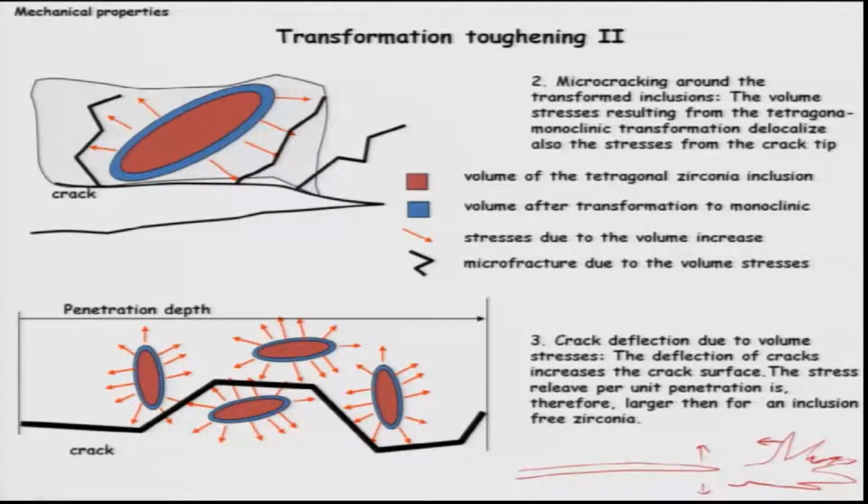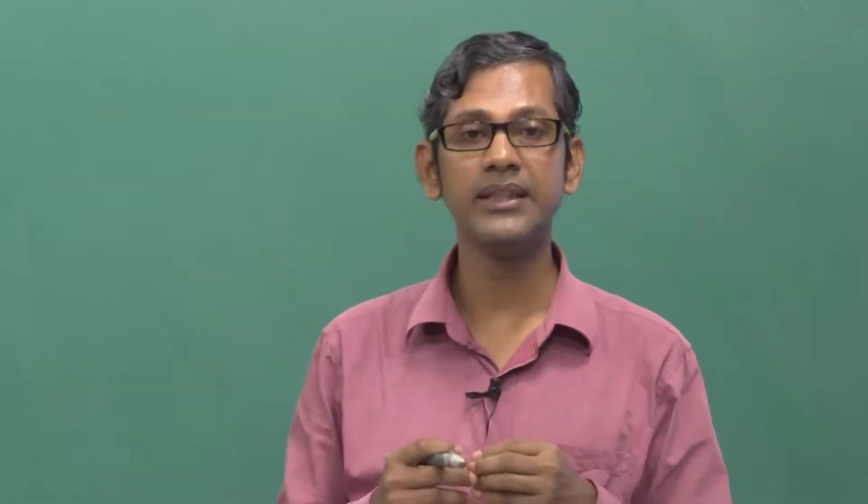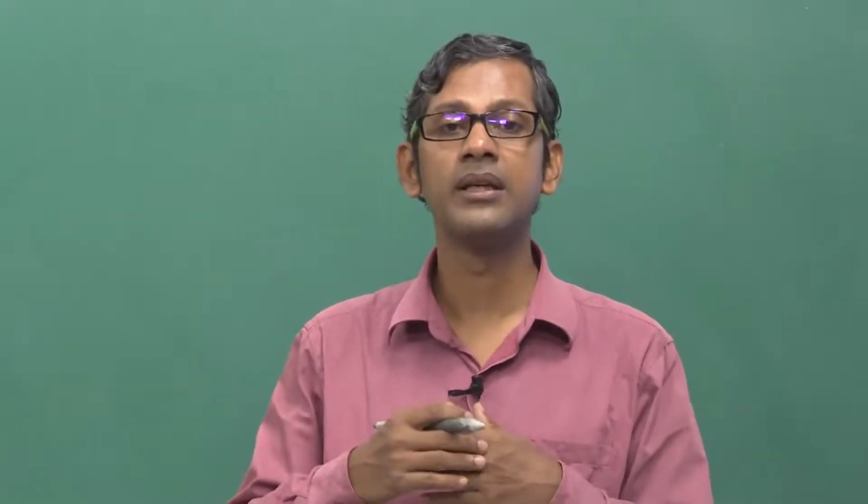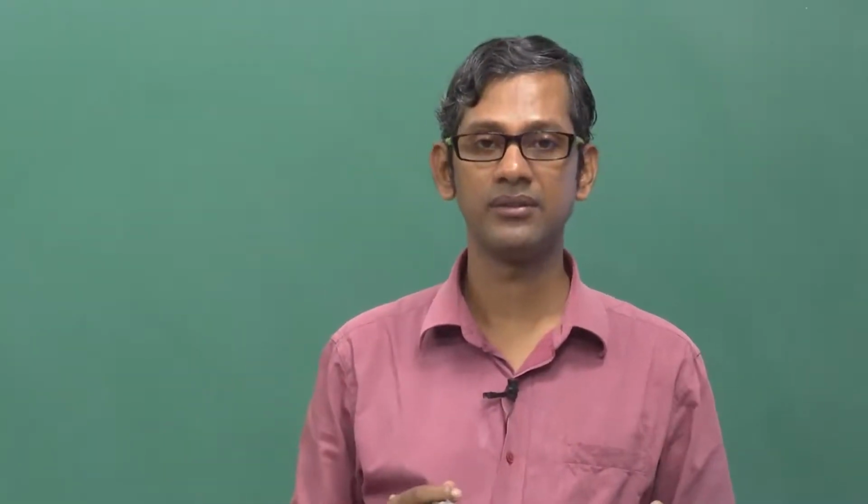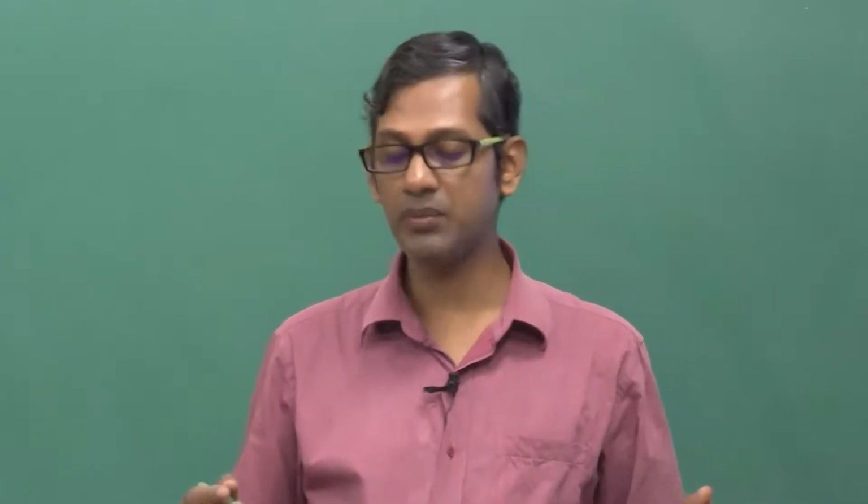Each of these cracks requires a stress to move, because of surface energy: as the crack moves, it creates two surfaces, very simple. So as one crack moves, the increase of the surface energy is smaller than with many branch cracks, very simple. That is what is known as micro cracking.